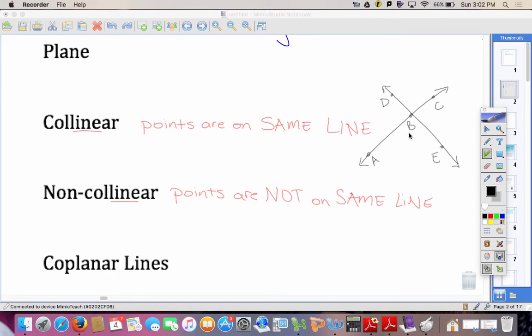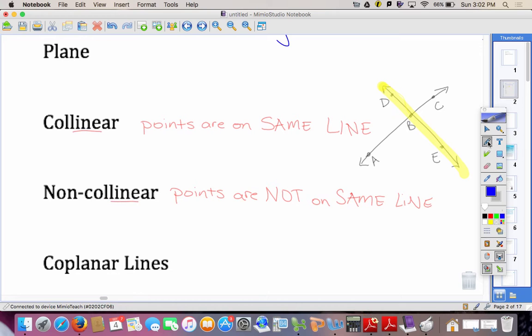Now, if I look at this line right here, how would I first name this?